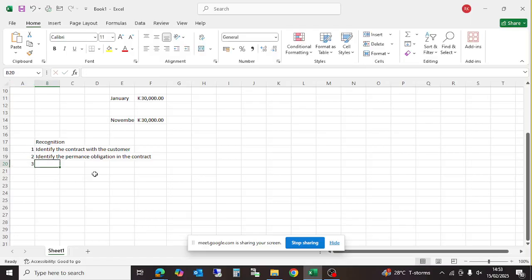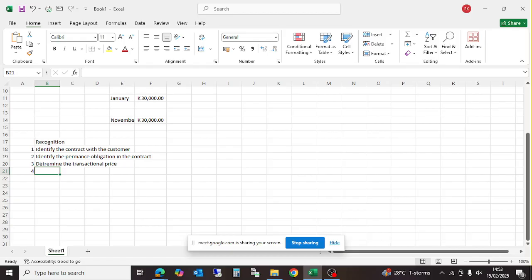Number three, we determine the transaction price. And then number four, we link our second step and our third step.